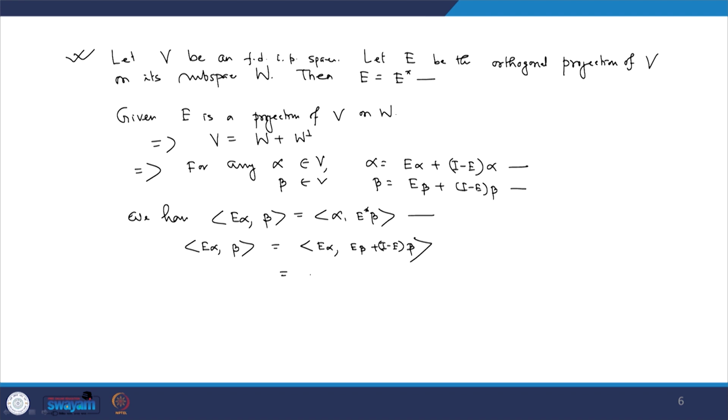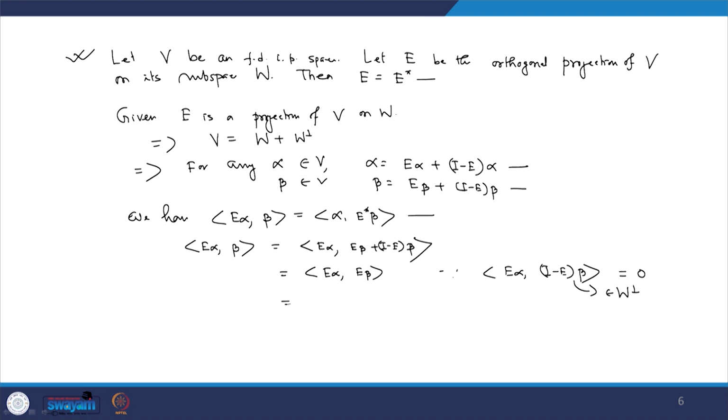So, this is equal to the inner product of E alpha and E beta, since the inner product of E alpha and I minus E operating on beta is equal to 0, because this one belongs to W complement.